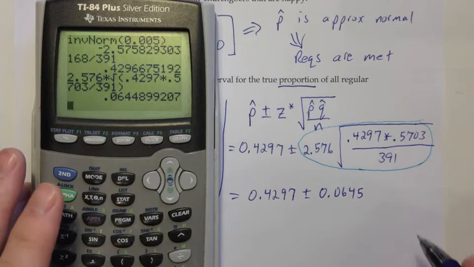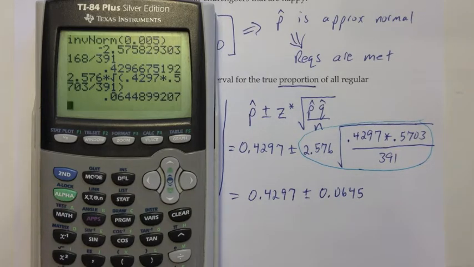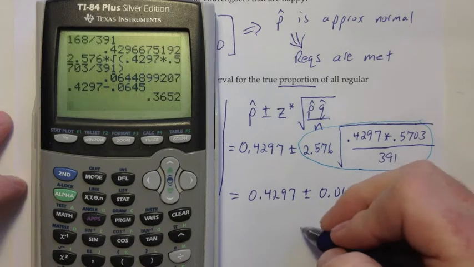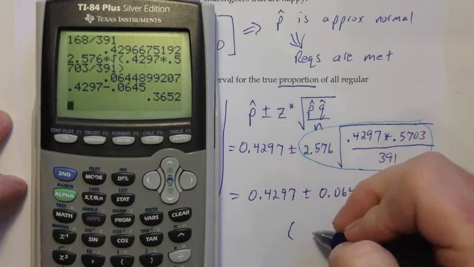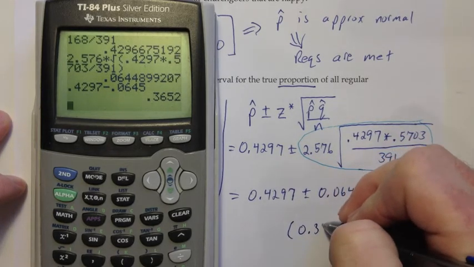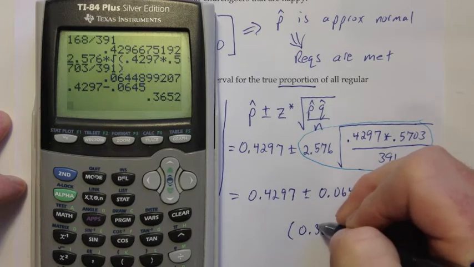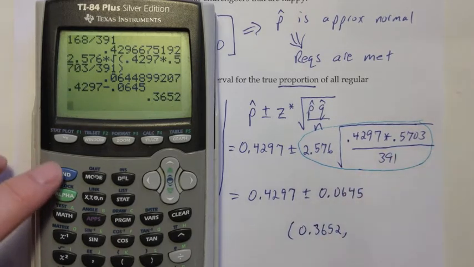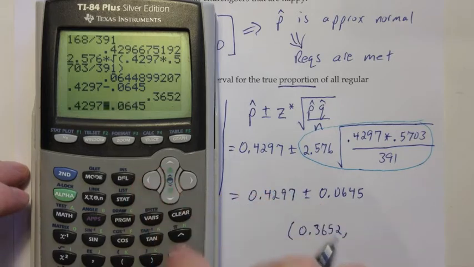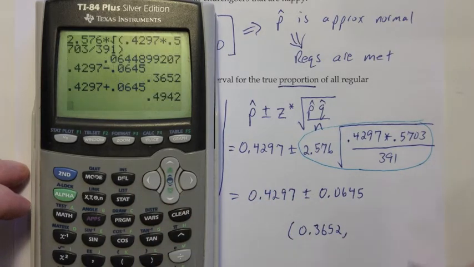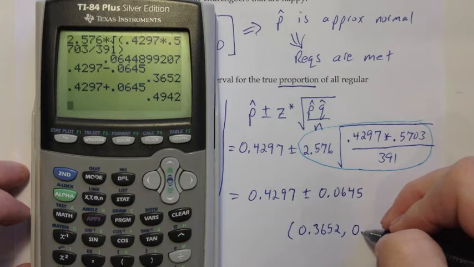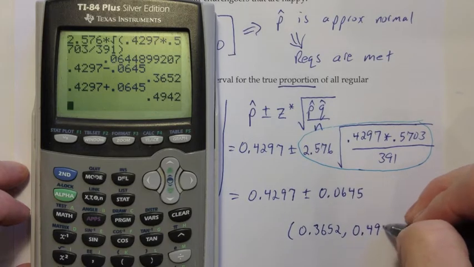And then finally I just do the plus or minus to get my confidence interval. So 0.4297 minus the 0.0645 gives me a left boundary of 0.3652. And I do that with the plus, and I get the right boundary, which is 0.4942.